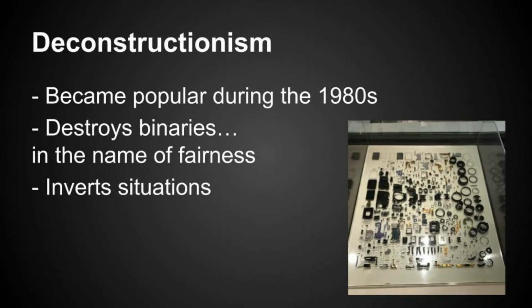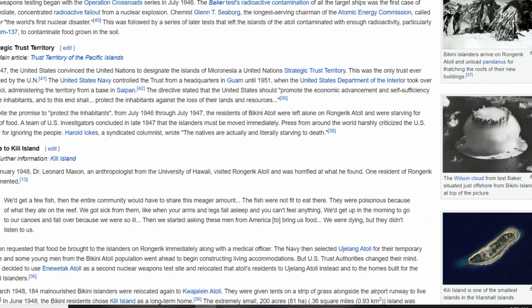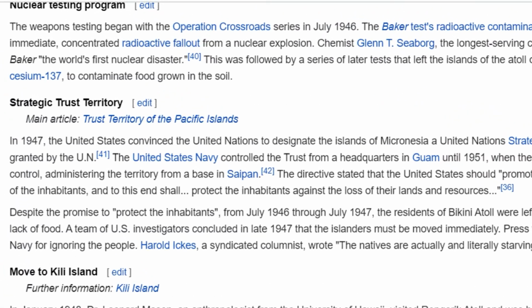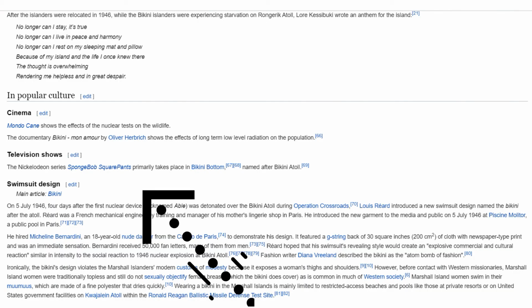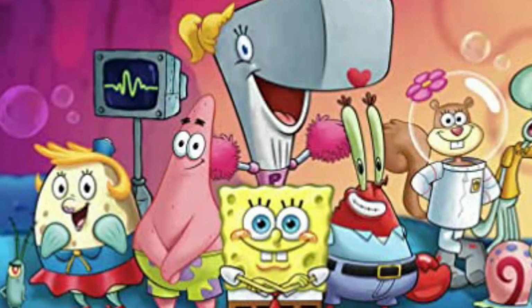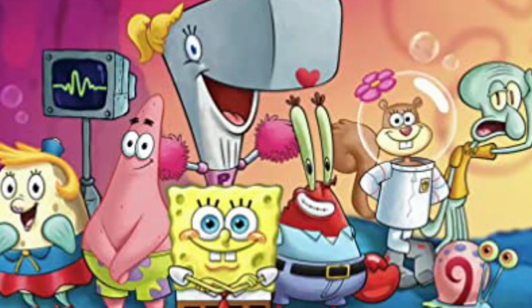And it's very easy, if you're not careful with deconstructionism, to fall into conspiracy theory, that SpongeBob isn't actually just a kid's show. It's a commentary on the dangers of Cold War nuclear testing, because Bikini Bottom is a real location where they were once setting off nukes, and that's why all the creatures down there are so messed up, and why the snails are meowing and the sponges are talking and the squids are playing clarinet.